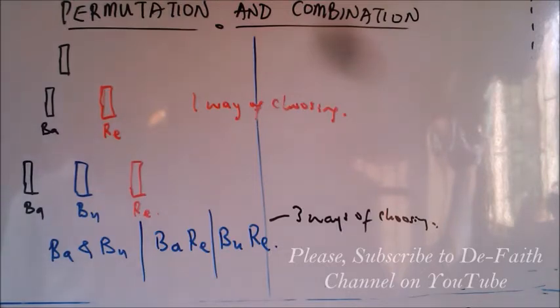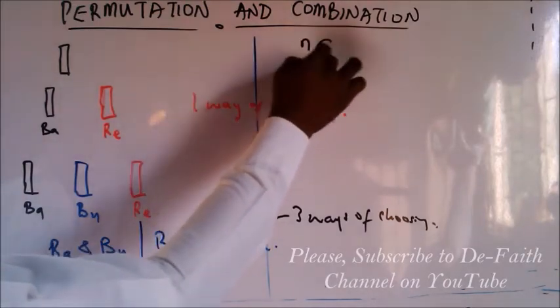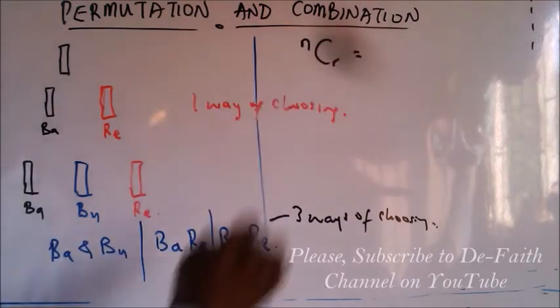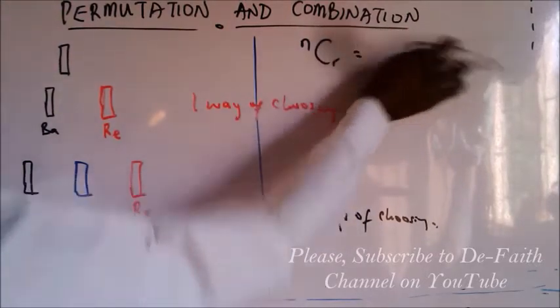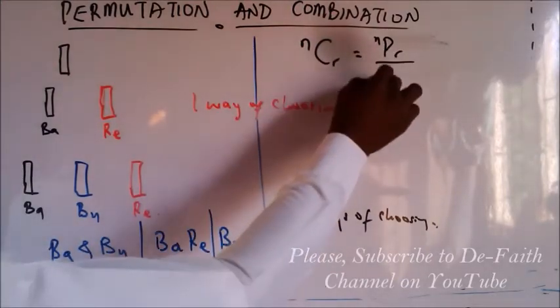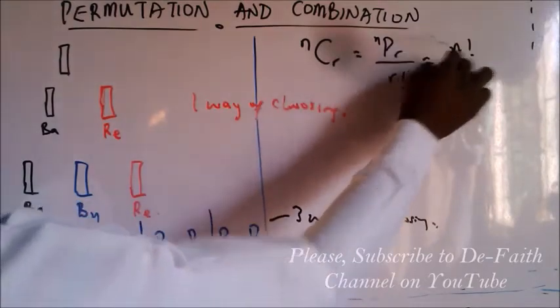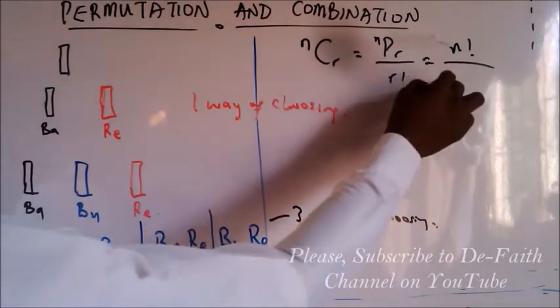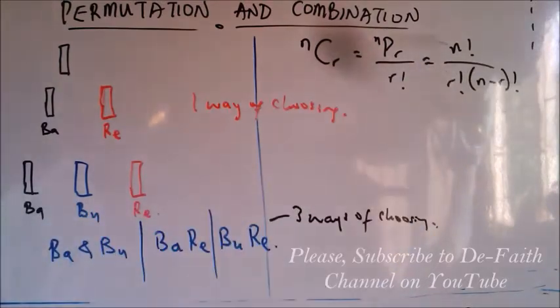And so we have a formula which is introduced, that n combination r is equal to n permutation r over r factorial, or n factorial over r factorial times bracket n minus r factorial.